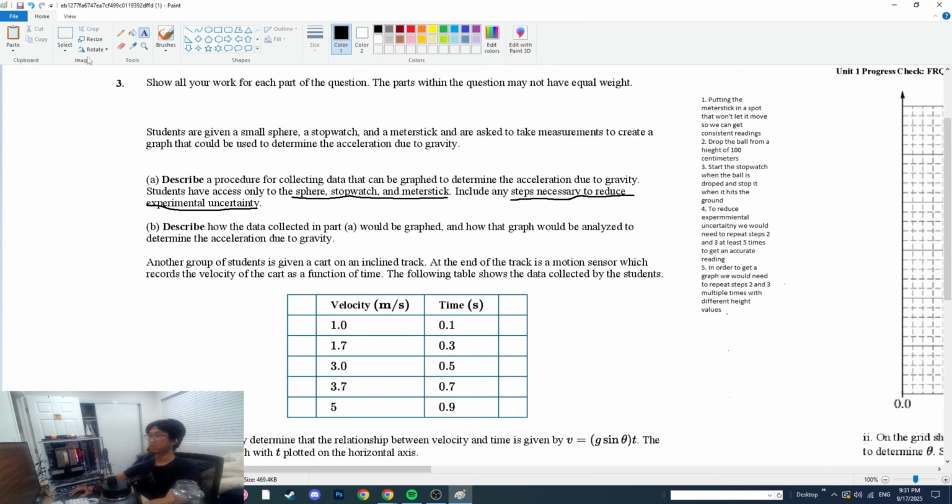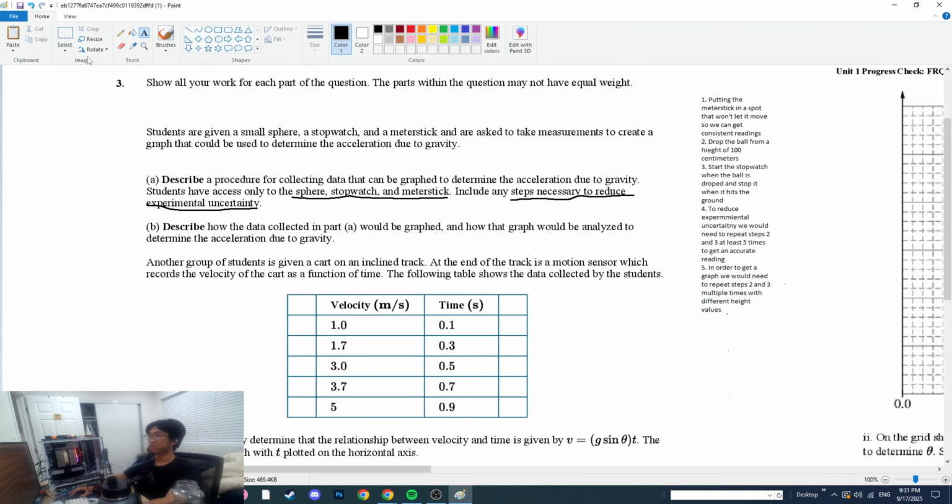And for part B, we need to determine how this data could be graphed and how we would analyze this to determine the acceleration due to gravity. For this, we would need to use the equation x equals v0 t plus 1/2 a t squared.